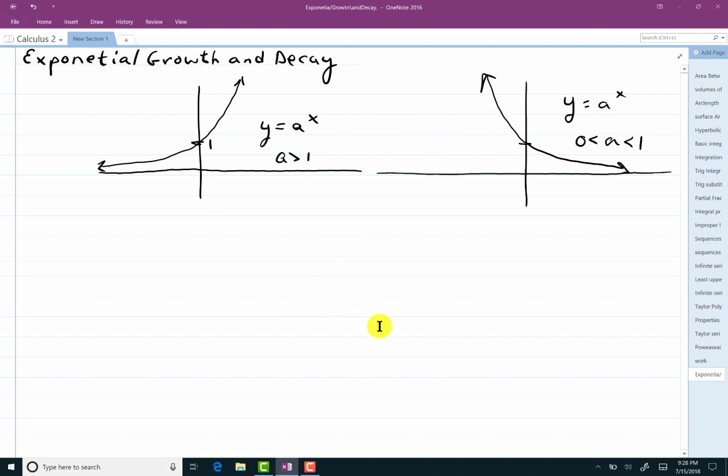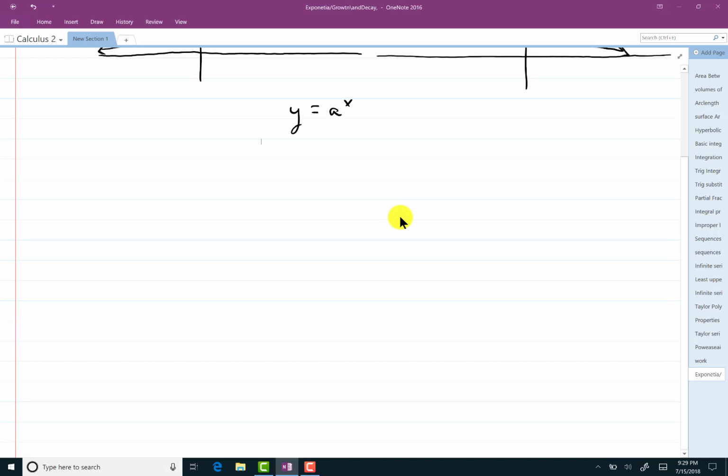But what's nice about it is this. If I set y equal to a to the x power, you'll recall that you can rewrite this as e to the natural log of a, to the x. Then I can bring the x down in front.